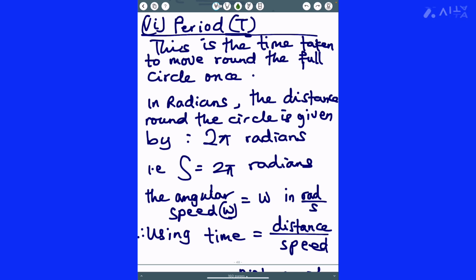You understand? So if the distance traveled is 2 pi in radians, the angular speed W is in radians per second. So using time is equal to distance over speed, time taken to travel one full cycle is equal to distance traveled in one full cycle over speed of motion.